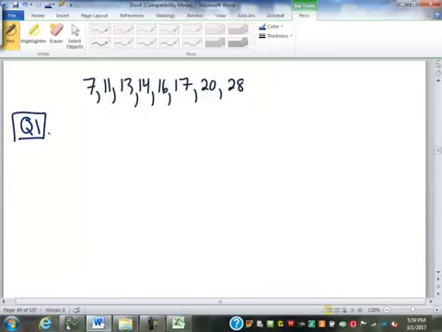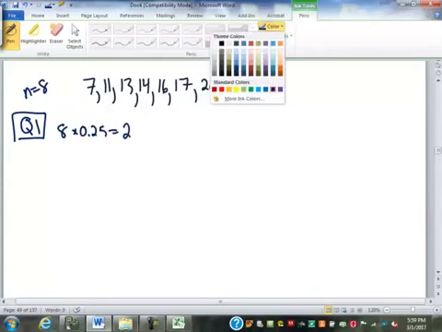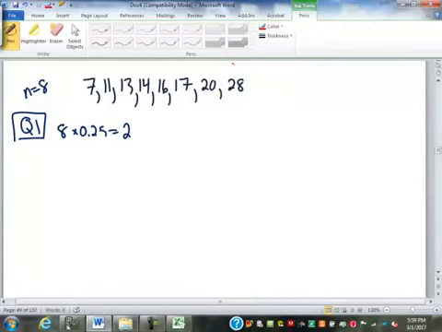To find quartile 1, or the first quartile, n equals 8 here. So 8 times 0.25 is 2, which is telling me that it is between the second and third, between 11 and 13, which is 12.